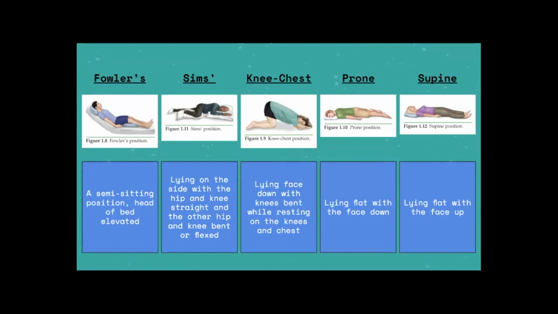The Sims position is lying on the side with the hip and knee straight and the other hip and knee bent or flexed. The knee to chest position is lying face down with knees bent while resting on the knees and chest. The prone position is lying flat with the face down. And the supine position is lying flat with the face up.